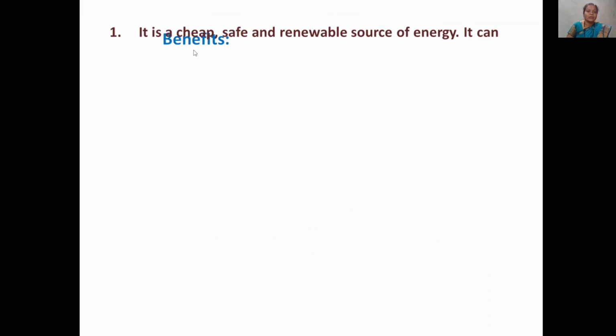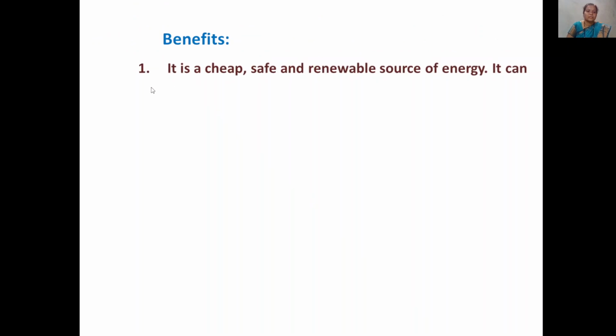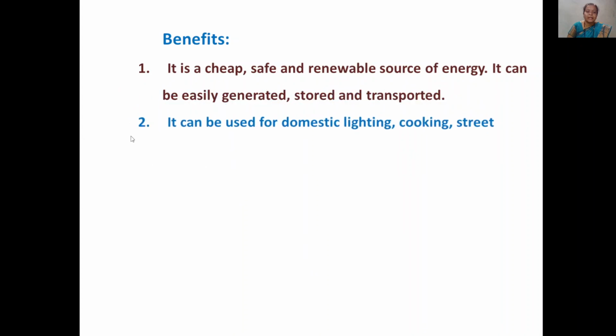Benefits of biogas. See here, it is a cheap, safe and renewable source of energy. It can be easily generated, stored and transported. Second benefit is it can be used for domestic lighting, cooking, street lighting, as well as small scale industries.